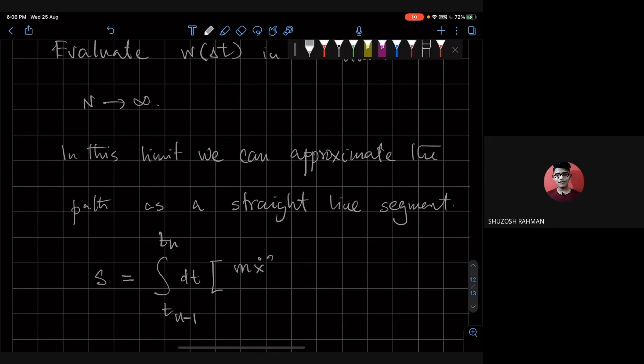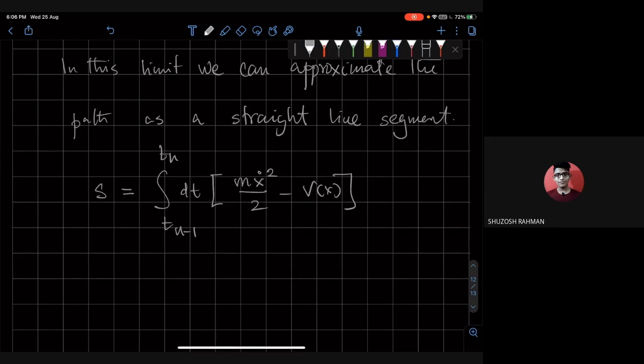m x dot squared divided by 2 minus V of x. This thing can be written as, this is just delta t, right? And m is a constant, and the difference in x is xn minus xn minus 1.